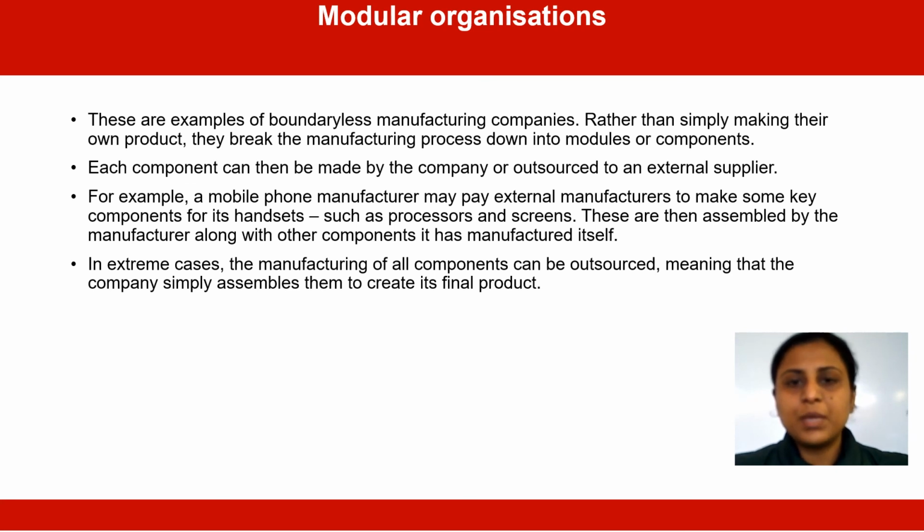It may pay external manufacturers to make some key components for its handsets like processors or screens, and then these are just assembled by the manufacturer along with other components that it has manufactured itself. And in extreme cases, the manufacturer can outsource all the components and simply assemble them to create the final product.